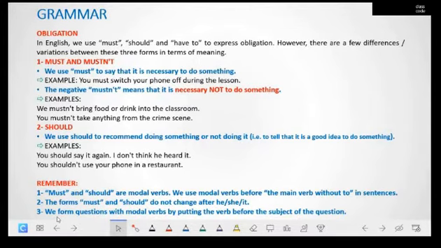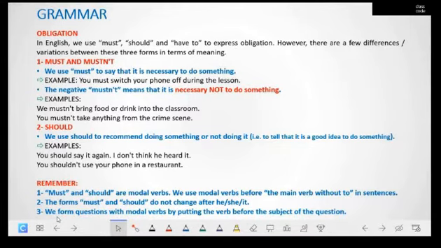Mustafa Hani says that mustn't, we use it when there is something that is not necessary to do. Yusuf Faisal says that we use must for necessity, but should for giving advice. Excellent, Yusuf Faisal. You're correct. That is correct.